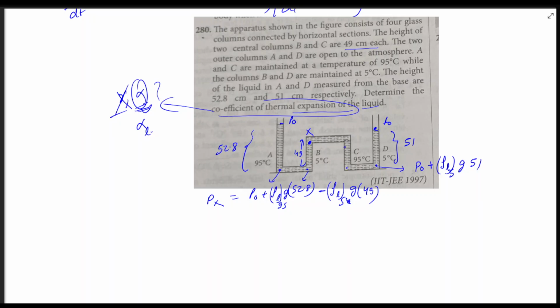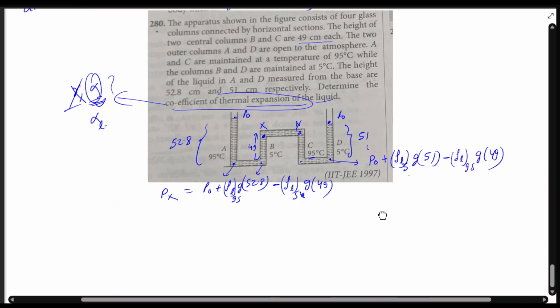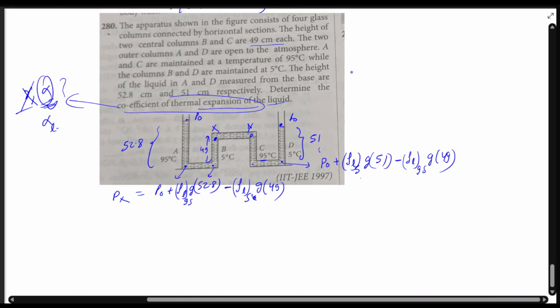And if you go above, it will decrease, but this is at 95, so it will be minus rho of liquid at 95, G into 49. This is the pressure at y. So we'll write it as pressure at y.